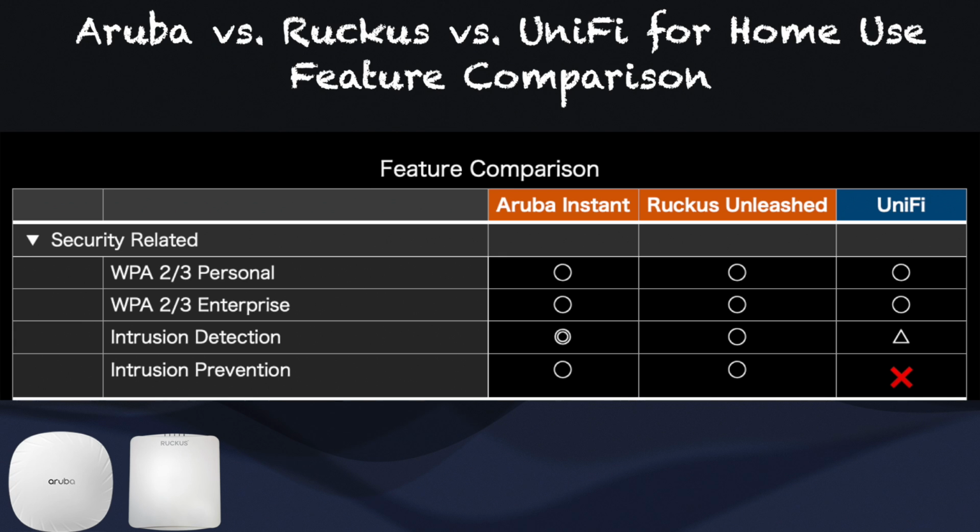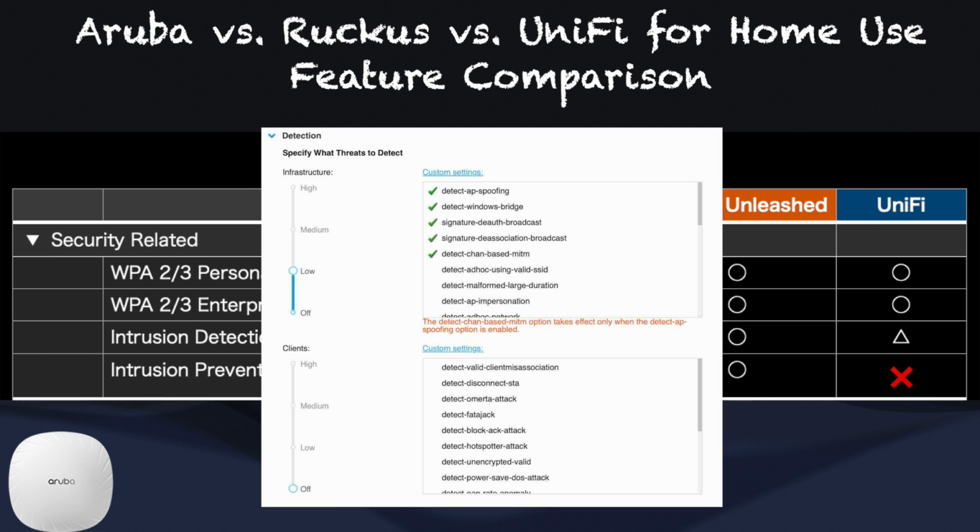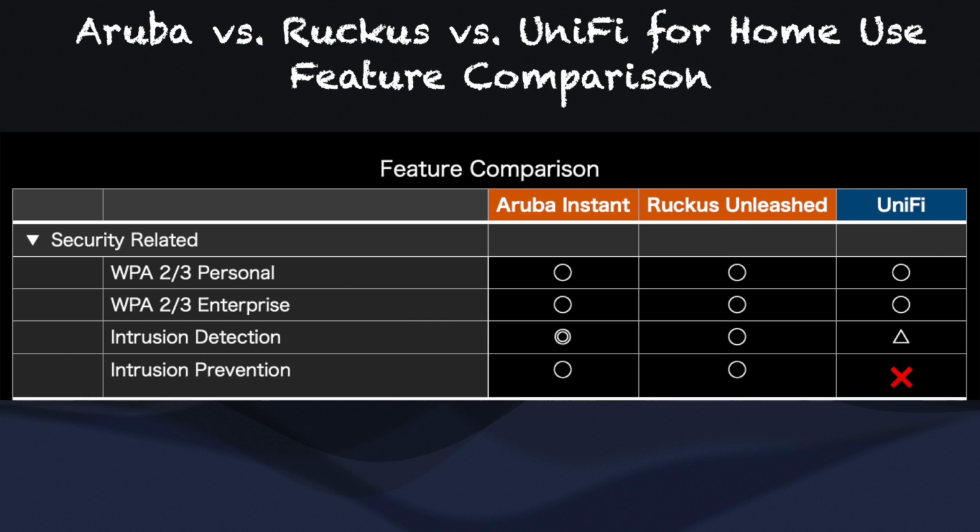However, I think as a home user, we should never use the containment feature, as misuse of this feature can result in essentially breaking a neighbor's Wi-Fi. Looking at the number of listings, Aruba Instant has way more options than Ruckus Unleashed, especially for intrusion detection systems. But I do not believe these features have much relevance to us as home users.